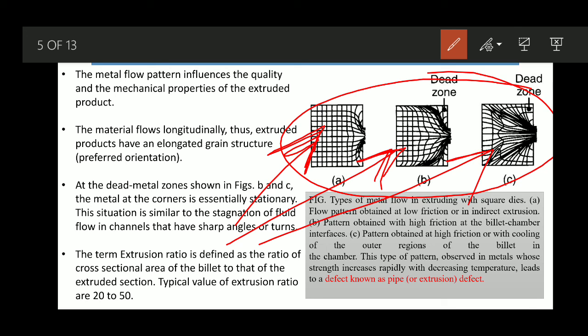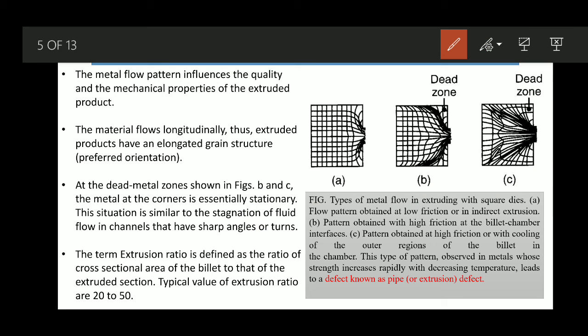Now in the case of the first figure, there is not much friction. Through these grid lines we are dividing the metal, so we can see which portion of the metal is deformed more. With the help of grid lines we have divided the billet.